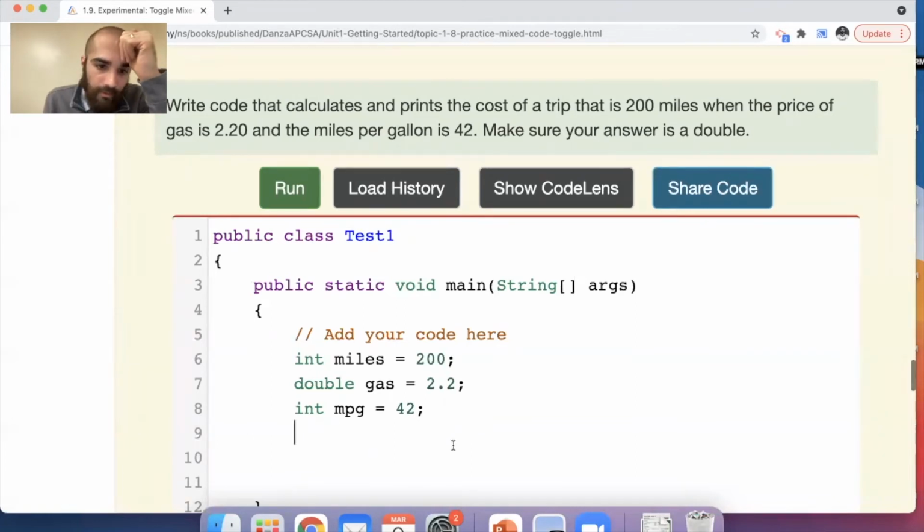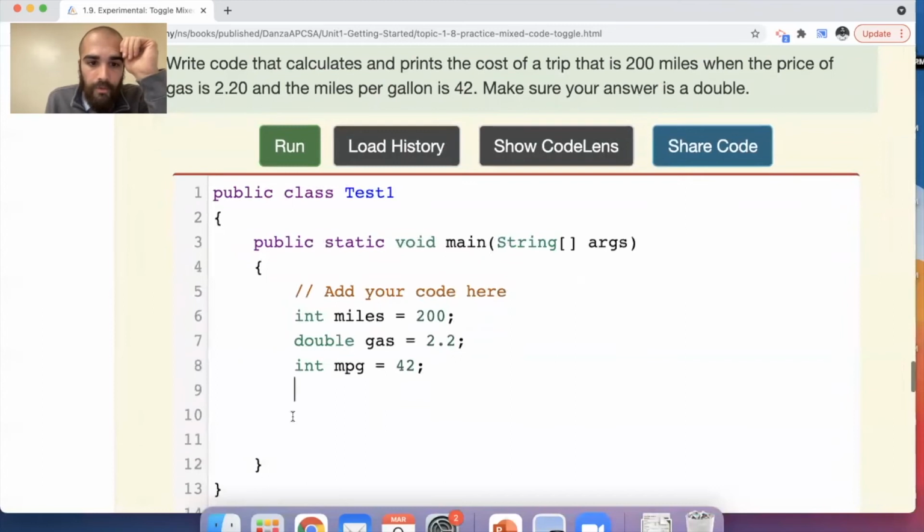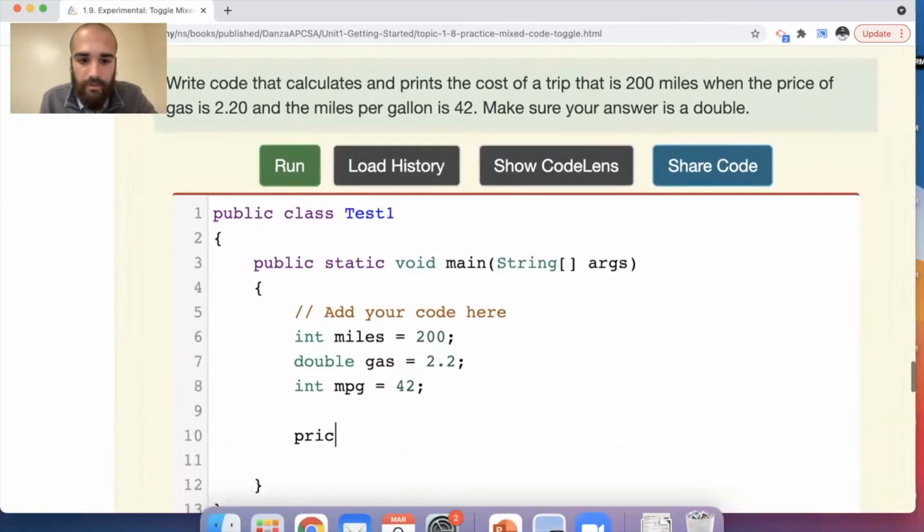So what's a good variable name? I'll just say price. And I'll ask you guys this: what is the order here? How should I order this?